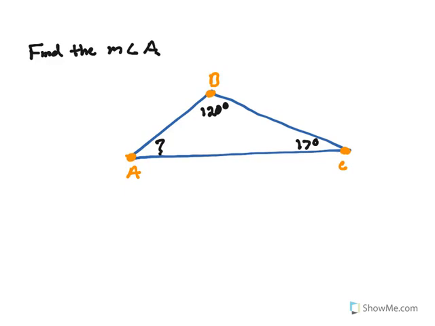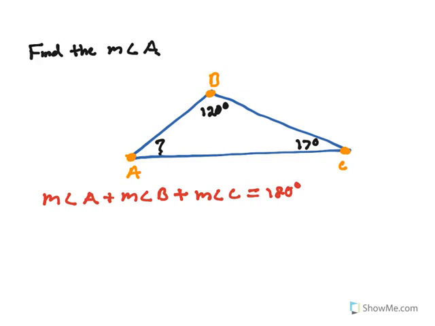All right? And very simple, right? We said that the interior angles sum up to 180. So you basically should be writing this: the measure of angle A plus the measure of angle B plus the measure of angle C must equal 180 degrees.